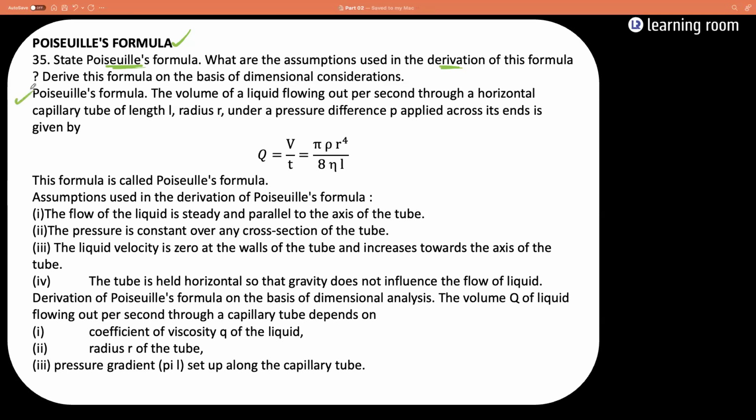Poiseuille's formula states something like this. The volume of the liquid flowing out per second through a horizontal capillary tube. You know what is a capillary tube? A capillary tube is basically a thin tube. The best example for a capillary tube is the straw that we use to have drinks, right?